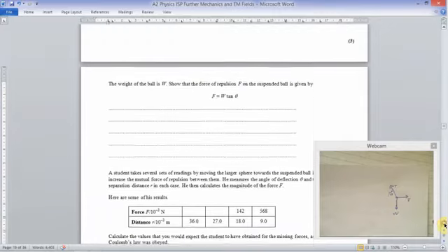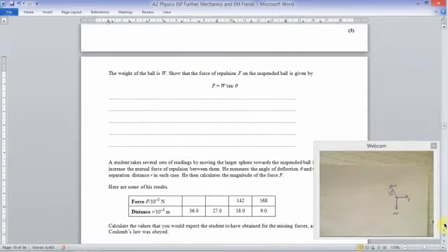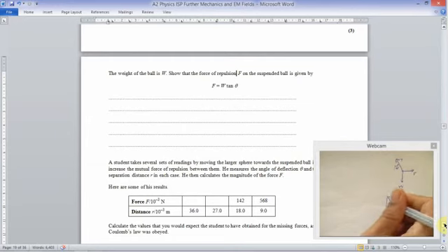So the weight of the ball is given by that, is W. Show that the force of repulsion on the suspended ball is given by W tan theta. Okay, so we can do this into a closed vector triangle, like so. Okay, there's our theta.